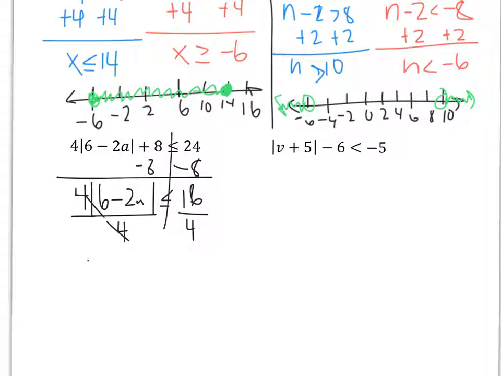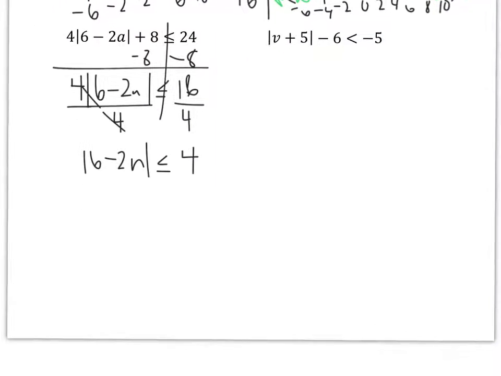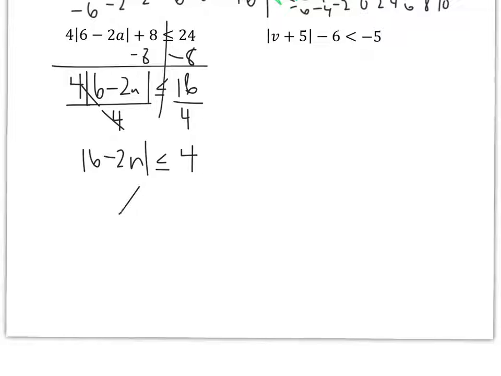And then what I'm left with is the absolute value of 6 minus 2n is less than or equal to 4. Now I can go ahead and write my two cases. So the first case will be as I see it, 6 minus 2n is less than or equal to 4. And the second case will be 6 minus 2n is greater than or equal to negative 4.